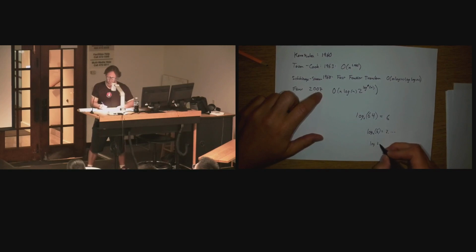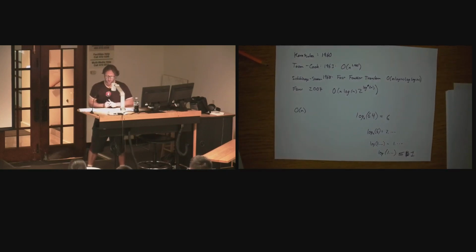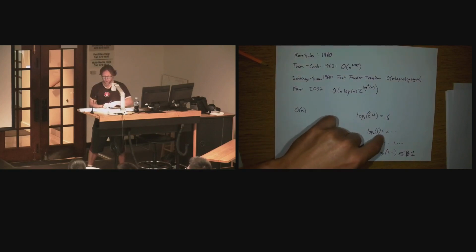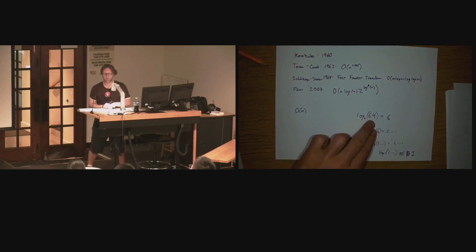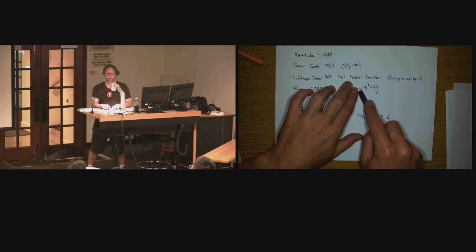Log of 2 point something is 1 point something. If you take the log of 1 point something, then you get down to below 1. Sorry, not 0. So the iterated log, 1, 2, 3, 4 applications for 64. This is super slow growing. You can get up to 1 billion here, and you're still only in single digits of value. So this is extremely slow growing.